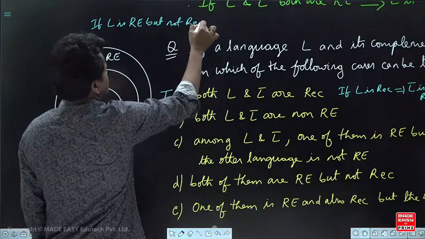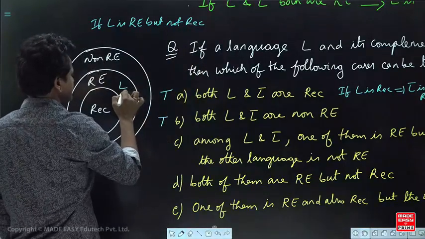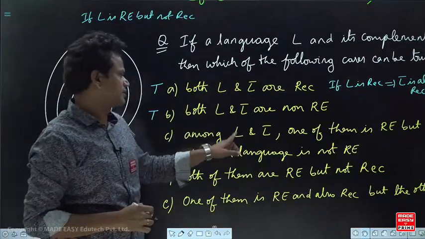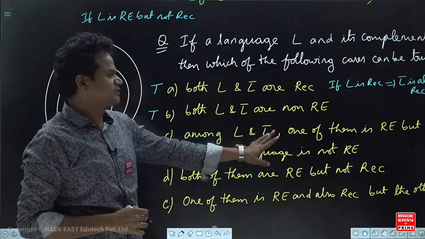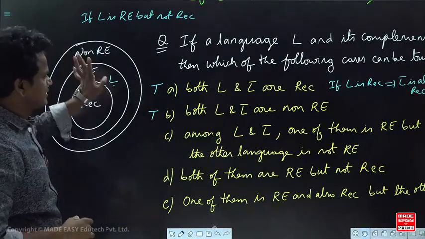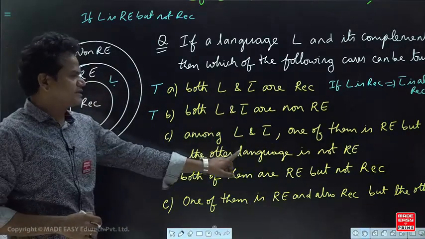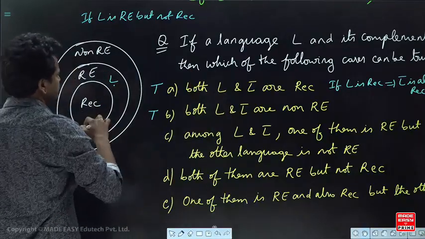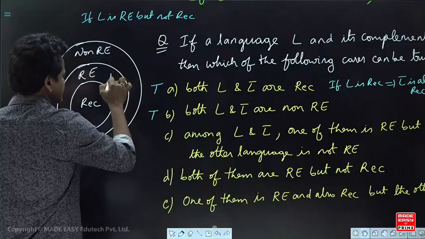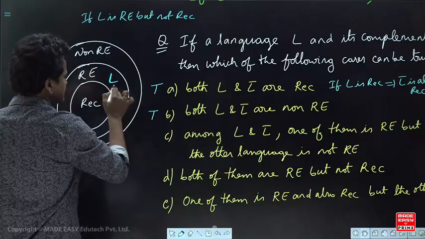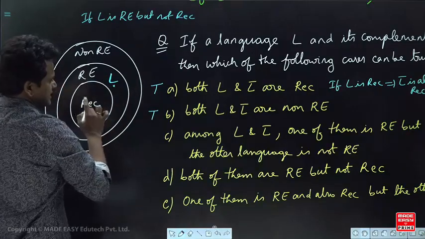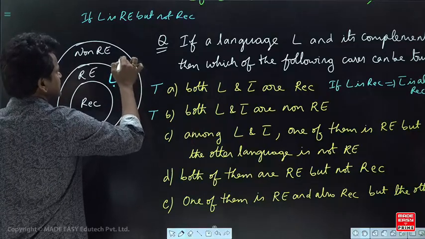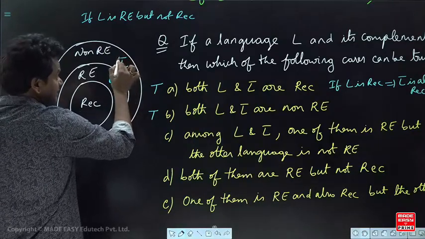So suppose L is RE but not REC, the other language is not RE. What he is saying is that L is RE but not REC, and L bar will be non-RE.